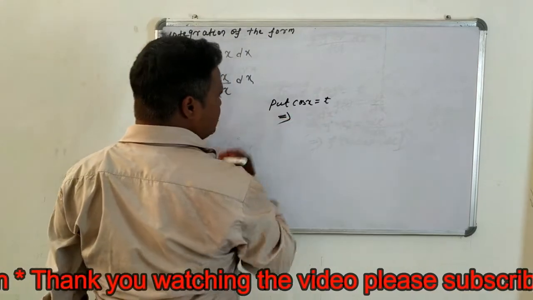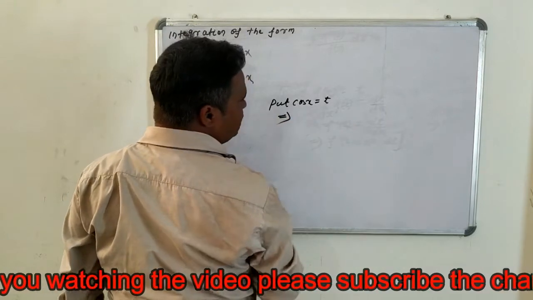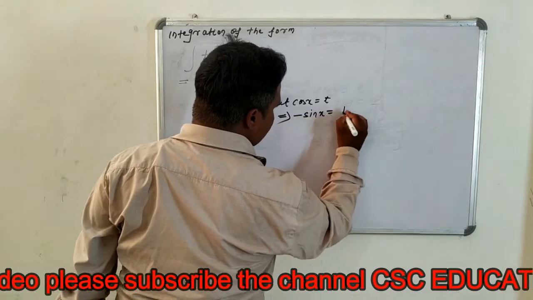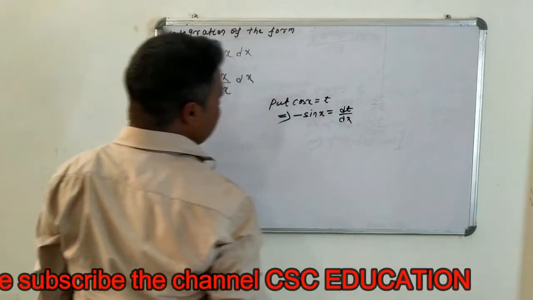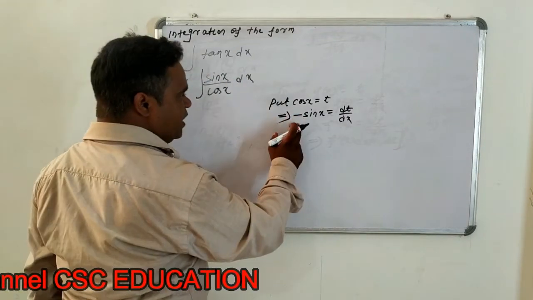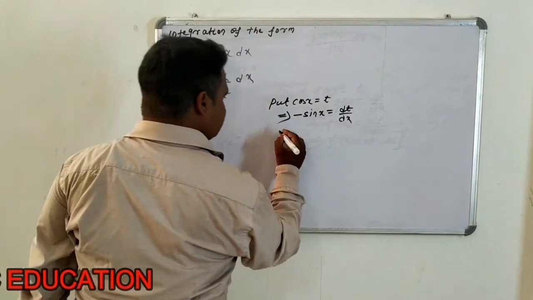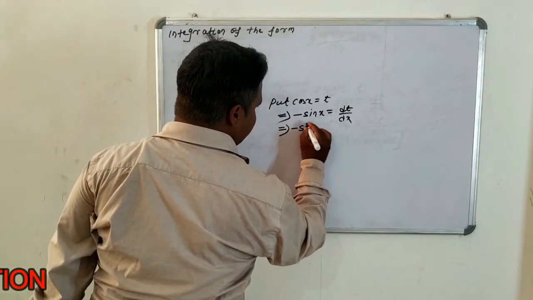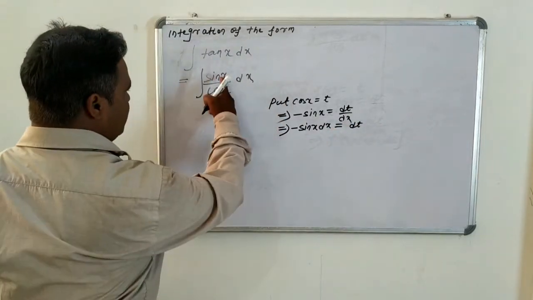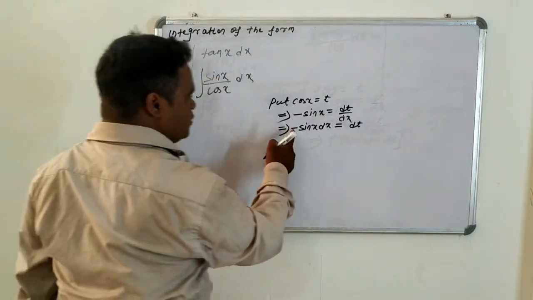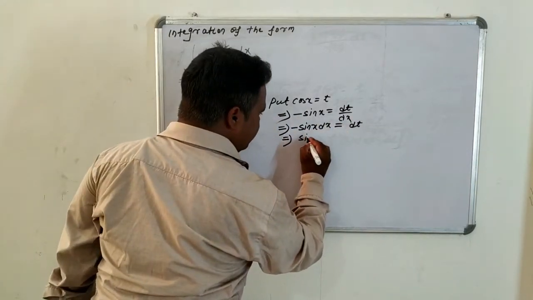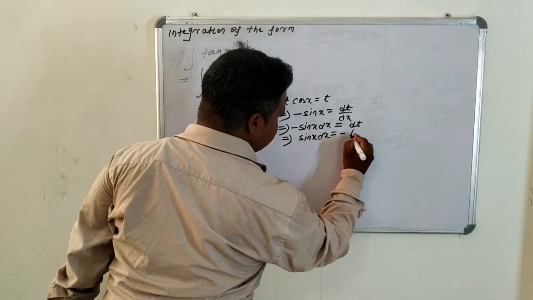Now d/dx on both sides: the derivative of cos x is minus sin x, equals dt/dx. Minus sin x dx equals dt, so sin x dx equals minus dt.